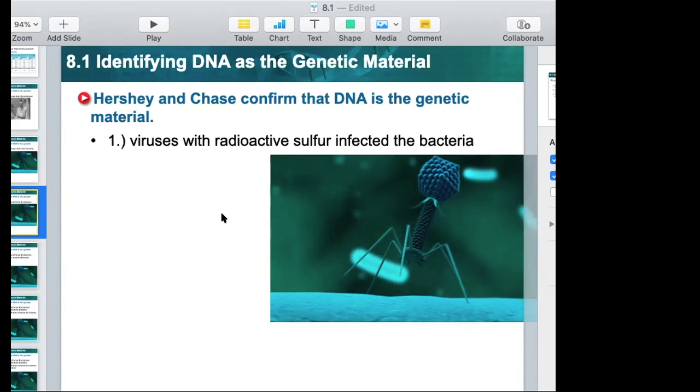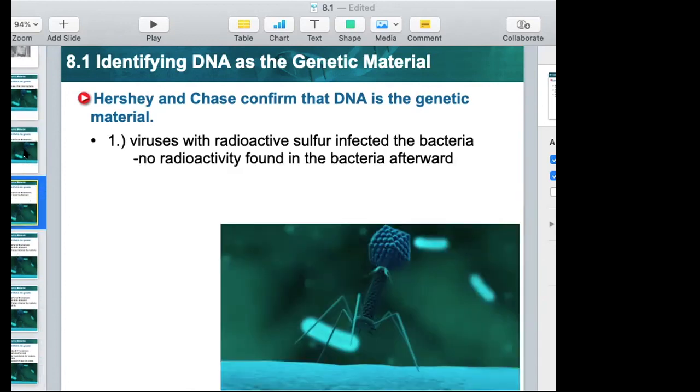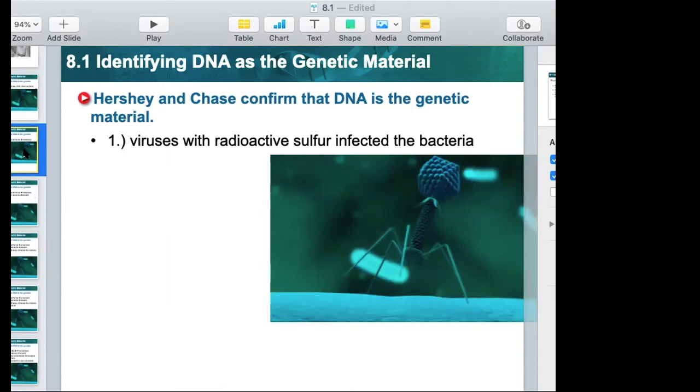So what they did to determine whether it was DNA or protein being transferred, because viruses were a really good way to determine that, because that's what a virus really is. A virus is really just protein and DNA. So they can isolate the protein versus the DNA in a virus and see which one is being transferred.